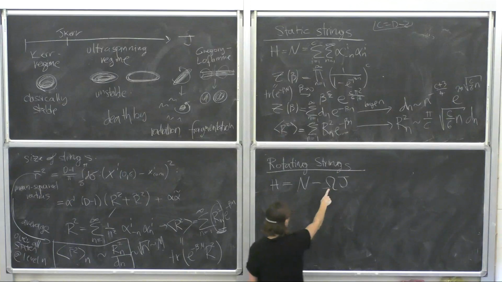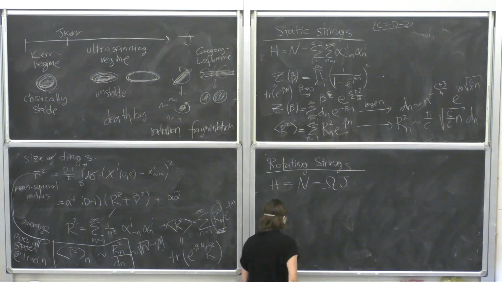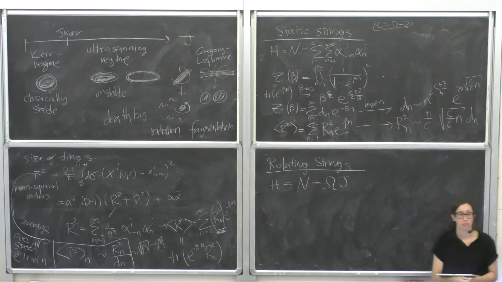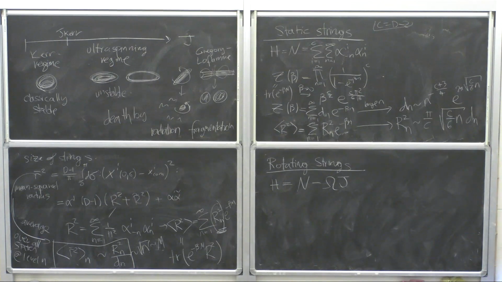This is the angular velocity, this is the angular momentum. And how do we give strings angular momentum? Well, first of all, how do I define angular momentum of a string? How do I define momentum of a string?